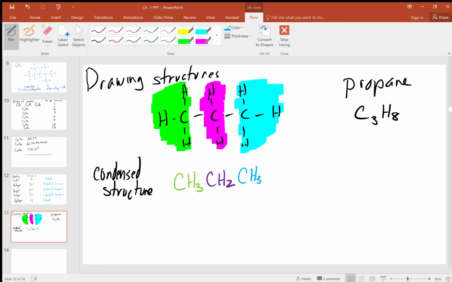But we can go even further, and typically we do. The most common way for drawing structures is what we call line structures. A line structure for propane looks like this. Now, where did all the atoms go?